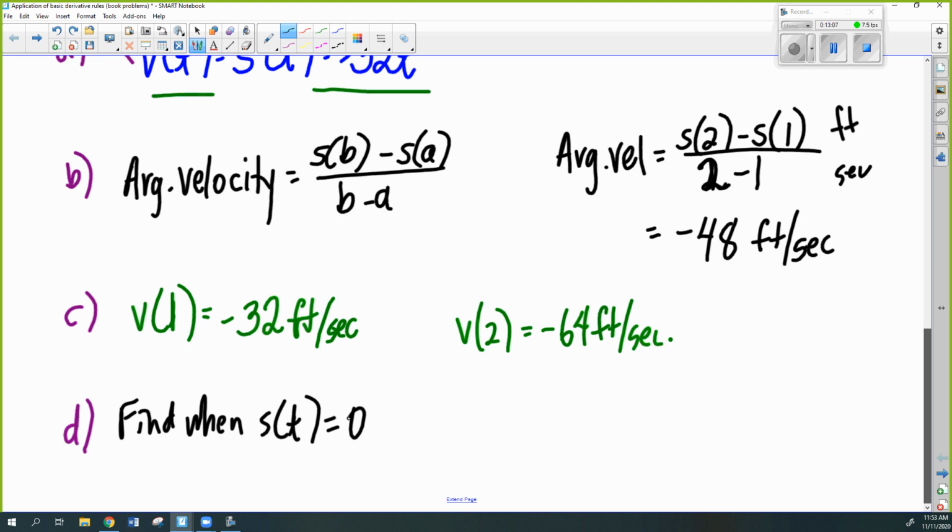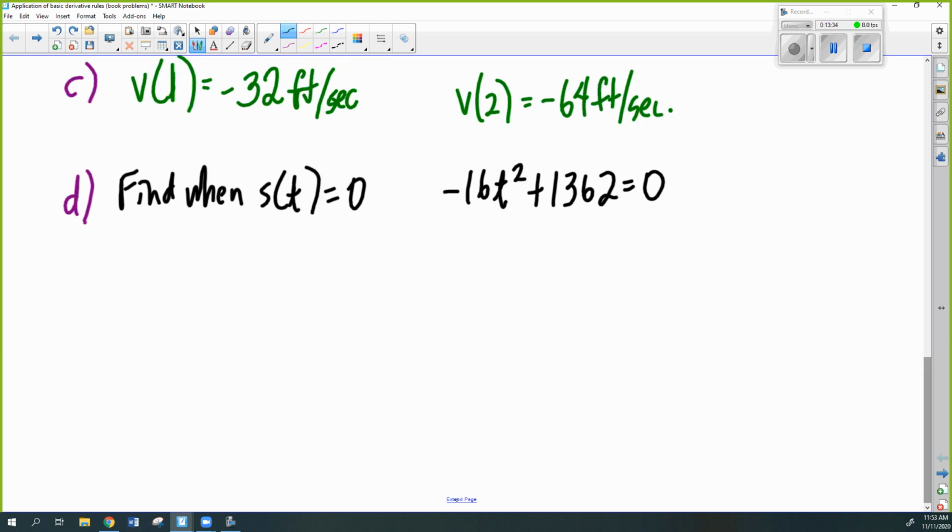So hopefully you can find your s of t that you wrote earlier. And I want you to take a second and solve for t. And yes, you may use a calculator. If you get decimals, please round to 3 decimal places. So we hit the ground when the position equals 0.